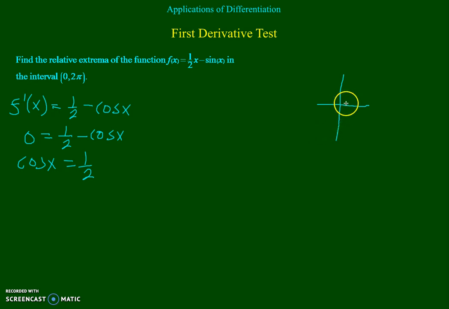And it just so happens that cos is 1/2 at pi over 3 and 5 pi over 3. So our x value is going to be pi over 3 and 5 pi over 3.